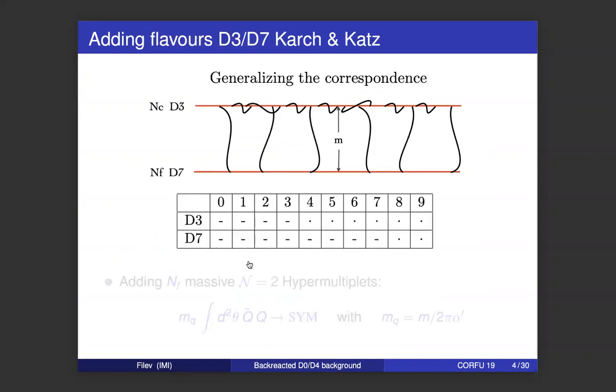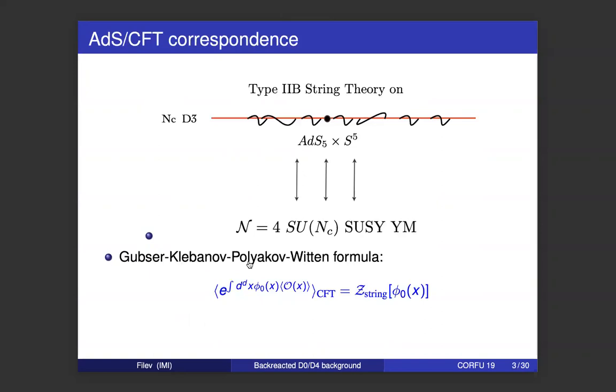Now, this correspondence, the N=4 super Yang-Mills, it's just Yang-Mills theory, and this calligraphic N stands for the number of supersymmetries. So it's maximally supersymmetric four-dimensional Yang-Mills theory. And as such, it doesn't have fundamental flavors, scalars or fermions. So it doesn't have flavors.